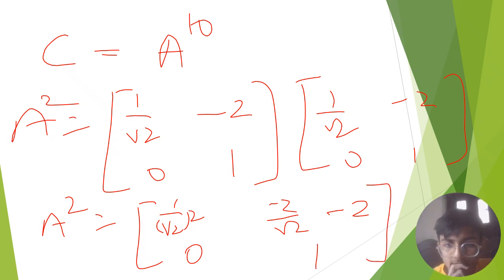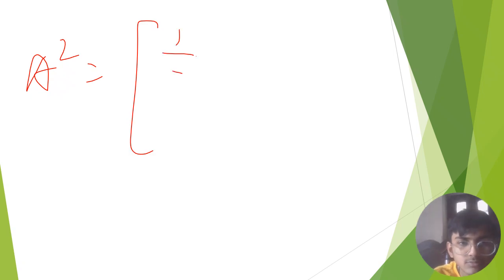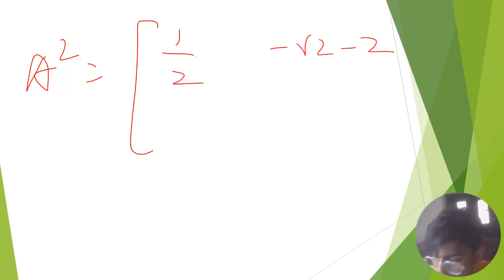Okay, just let me know whether I'm correct or not. I think I'm correct. So the square is coming as 1 by 2. We have taken the correct values. So 1 by 2, okay, minus root 2, minus 2, 0, and 1. Okay, done. So A square is coming as 1 by 2 minus root 2, minus 2, like this.